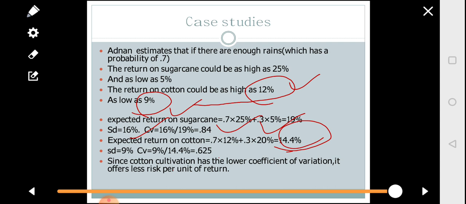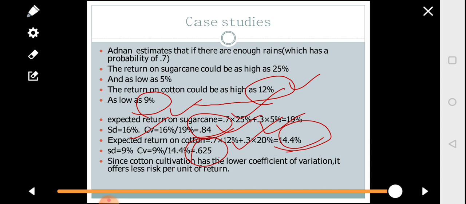We know if there is a higher coefficient of variation, it means there is involvement of higher risk. If there is a lower coefficient of variation, it means there is involvement of lower risk. In this case, while cultivating cotton, there is involvement of low risk. Since cotton cultivation has a lower coefficient of variation, it offers less risk.